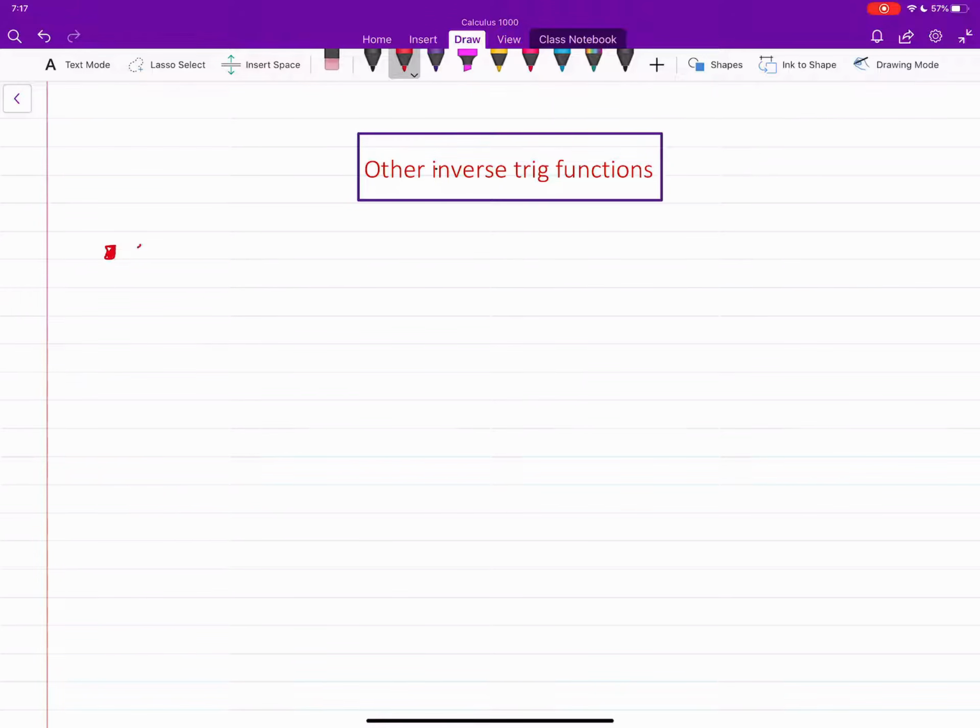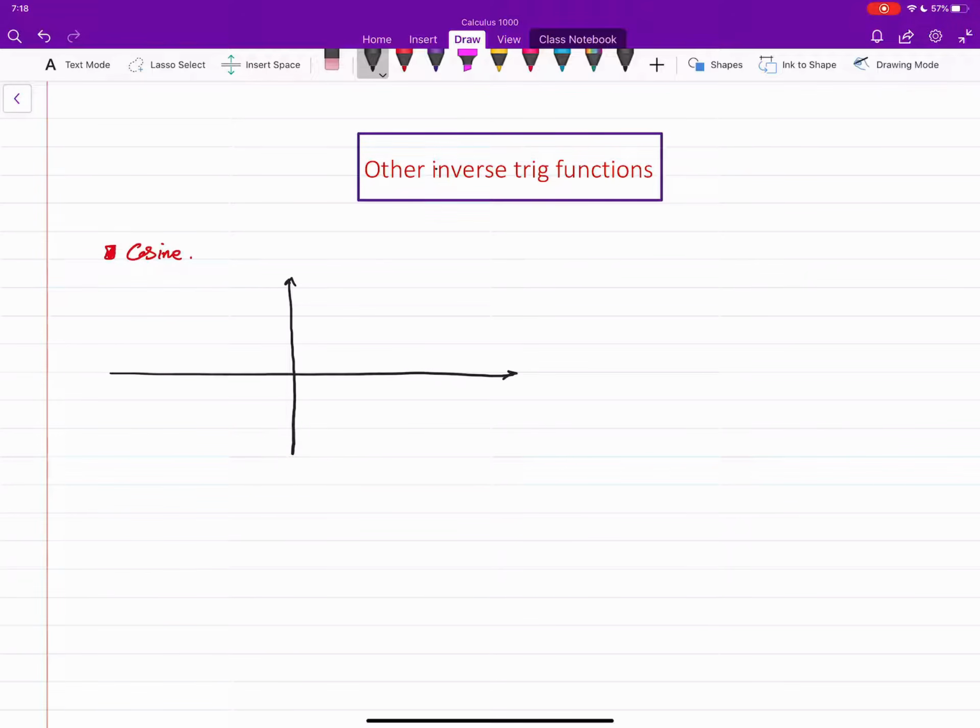Let's start with cosine. I will recall what we had in the case of sine: the function sine itself is not one-to-one.